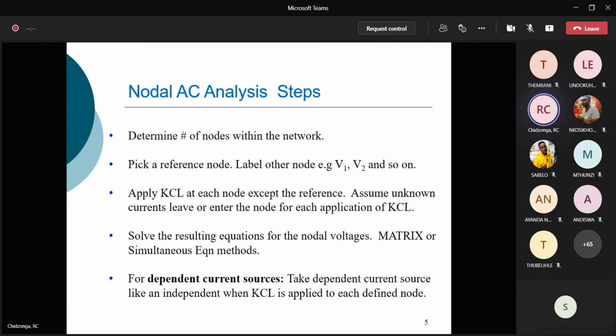So there are a few steps that we follow if we are going to use these 2 predominant circuit analysis techniques, which are nodal and loop, or sometimes referred to as mesh analysis. So there are 2 predominant techniques.